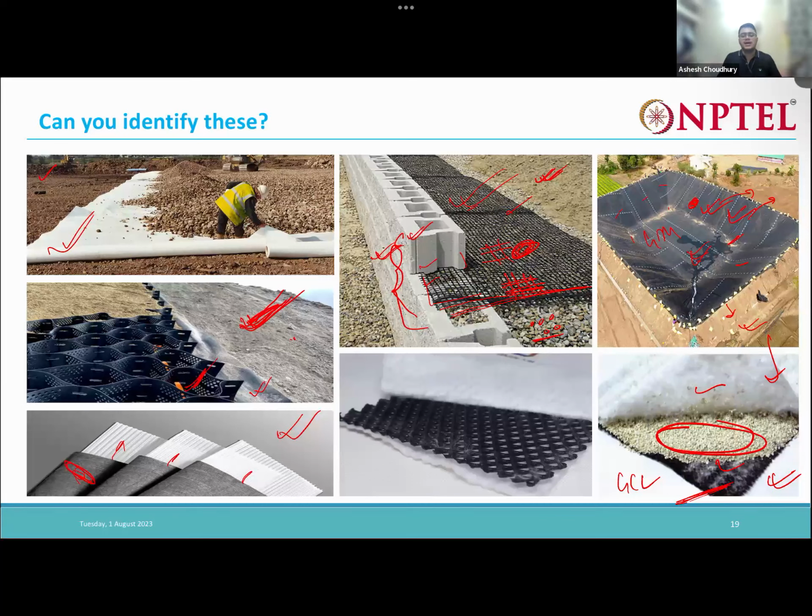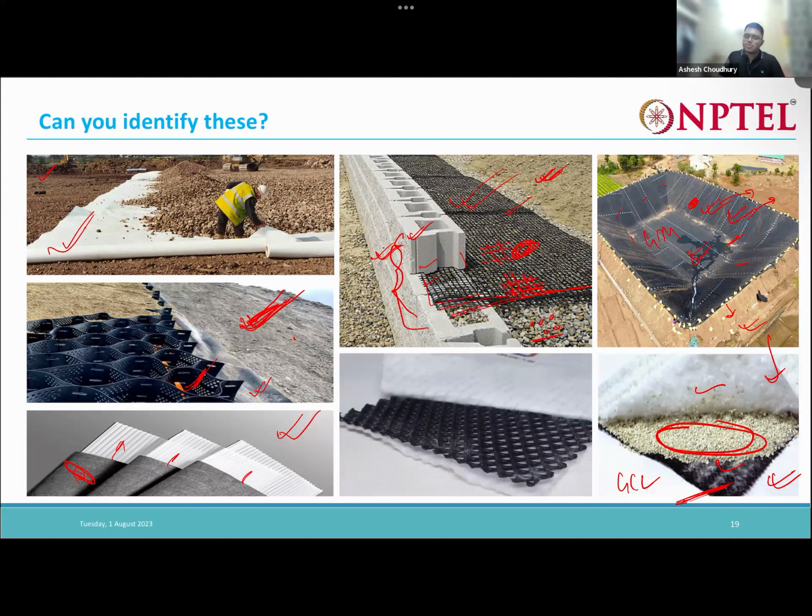So what will happen if the drainage of water is accelerated? If the drainage path is reduced and the drainage of water is accelerated, what will happen? It will accelerate the consolidation process, right? So if the drainage path is reduced, the consolidation process will be accelerated.